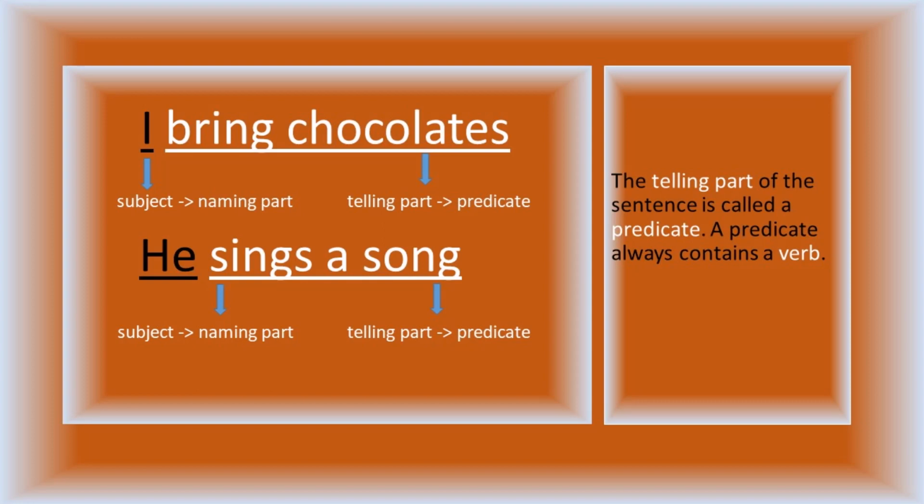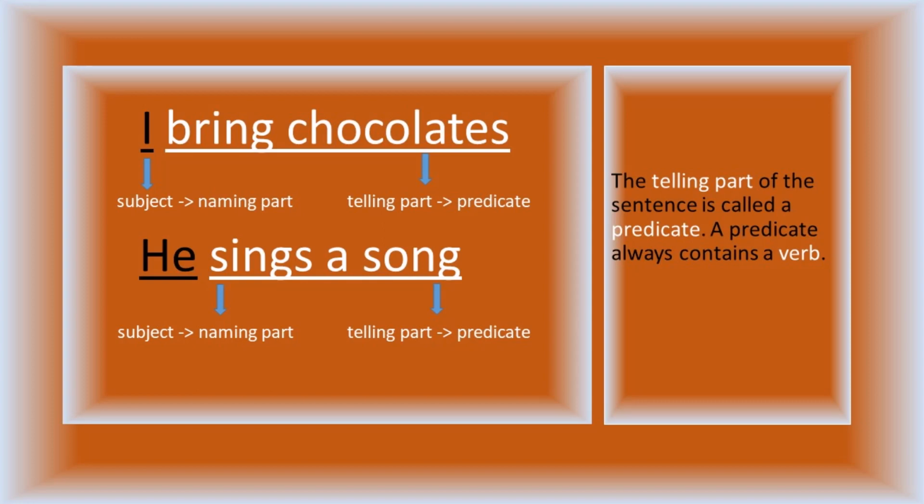I'm dividing this sentence also into two parts. The first part is he and the second part is sings a song. So he is the subject, and sings a song is telling us more about the subject, and it has a verb in it. What is that verb? Sings.